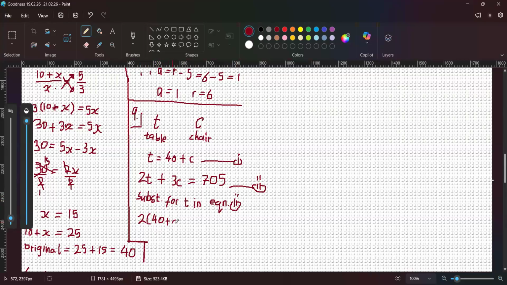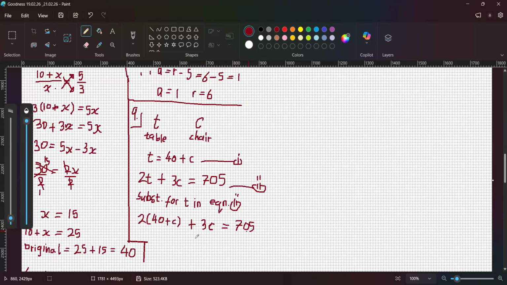Of course, my 3C will stay as it is. No need to substitute it because it's actually a game plan for us to find C. After we find the chairs, then we can go and solve for the table. So, can you tell me what I'll do next? You multiply the two.